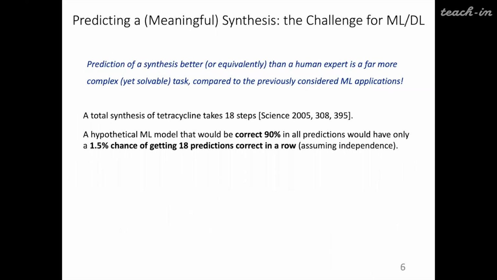Predicting organic synthesis is a difficult task for machine learning or deep learning. Consider, for example, a hypothetical machine learning model that is correct in 90% of cases.